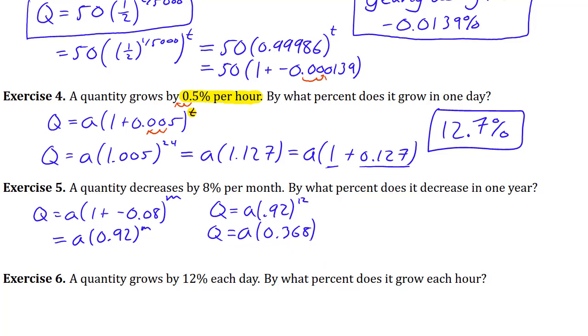So what percent did it decrease? We want to think of that percent decrease as if you had this as A times 1 plus something. What is that number going to be? That's going to be 1 plus what is 0.368? I think I can do this in my head. I think it's going to be negative 0.732. Let me check that.